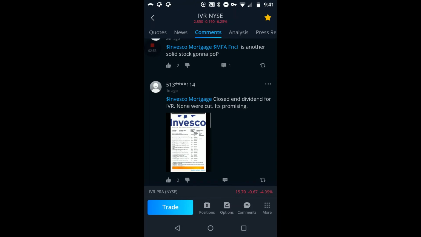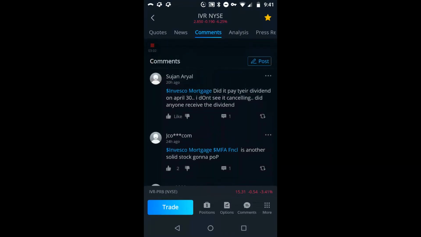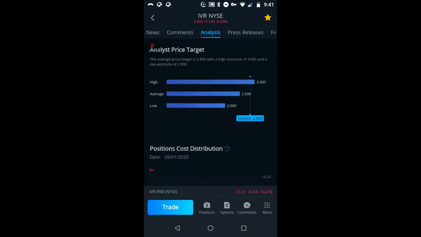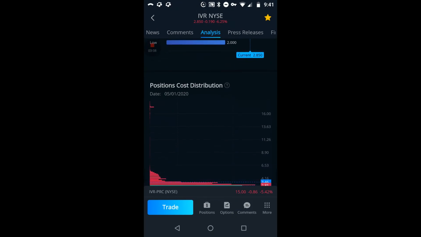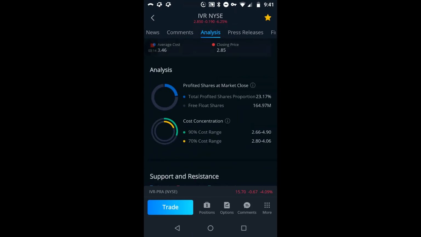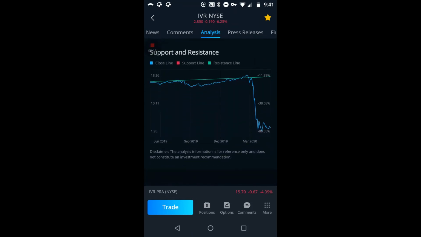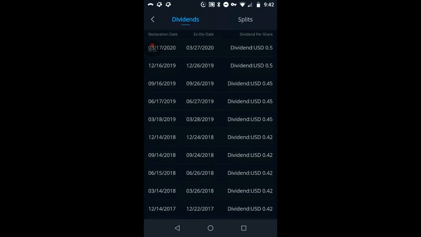Okay, closed on dividend for IVR, none were cut. So got some information there. Some analysis. You can see high, low, average. I don't know what that exactly is related to yet. Press releases. So here we have more information on your dividend.